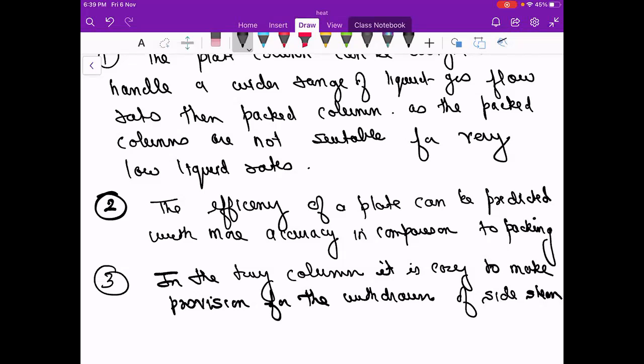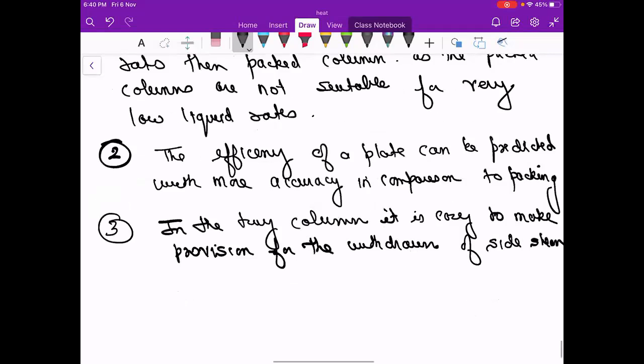So write these points. In the tray column, it is easy to make a provision for the withdrawal of a side stream.